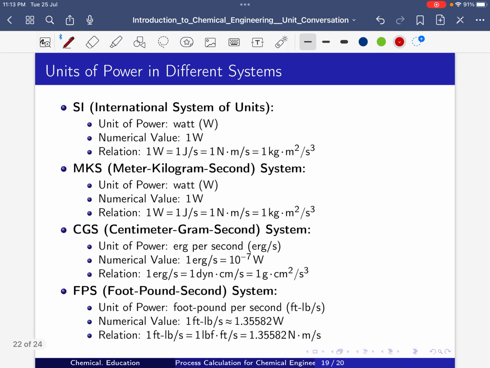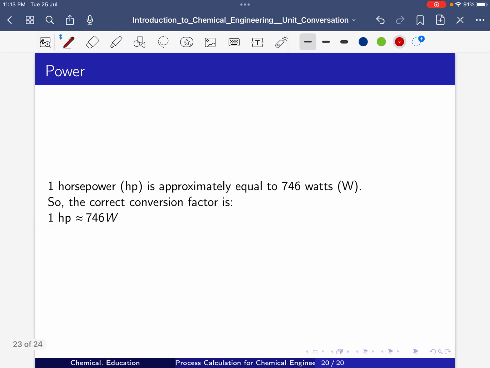And then foot pound per second. So 1 ft lbf per second is equal to 1.35582 newton meter per second. And remember, 1 horsepower, 1 HP, is approximately equal to 746 watt. Remember that.